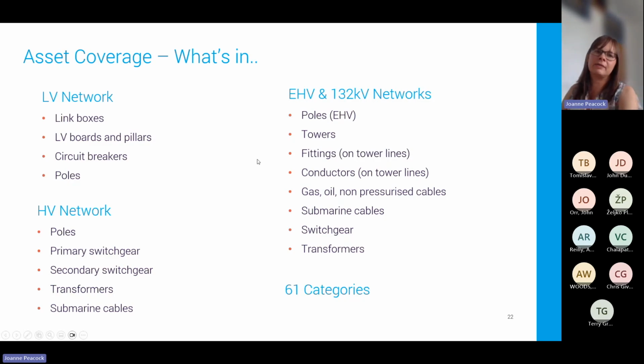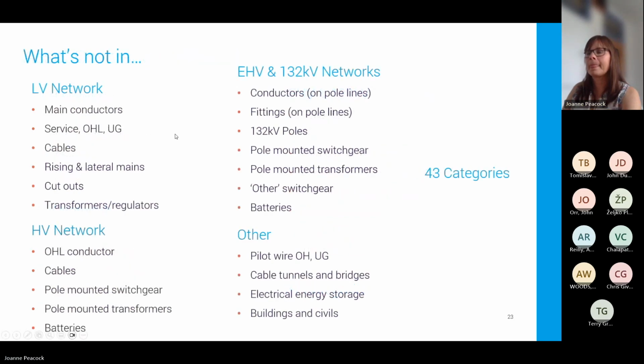Like I say, that represents about 2/3 of the physical assets the network operators have, and then what's not in. So these relate to 43 of those 104 categories. There's quite a lot of LV stuff that's not in there. So main conductors, service cables, cables in general on the HV network.